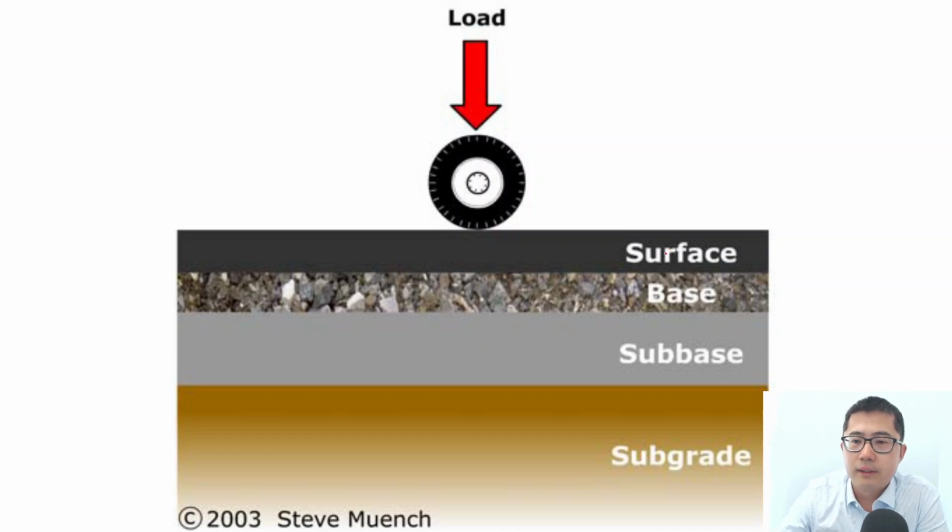It's a very simple cross section of a roadway, and we're talking about evaluating the subgrade, which is basically native soil. Subbase, sometimes you have it, sometimes you don't, but we're mainly talking about how suitable your subgrade soil is for the construction of the road, together with the traffic load sitting on top of it.